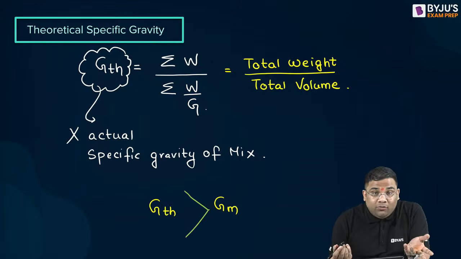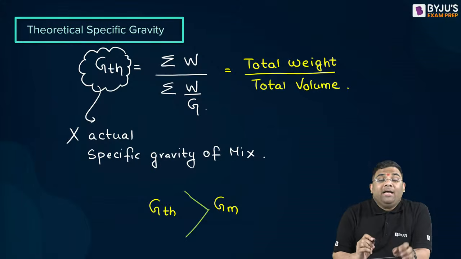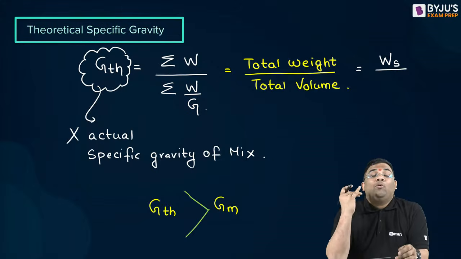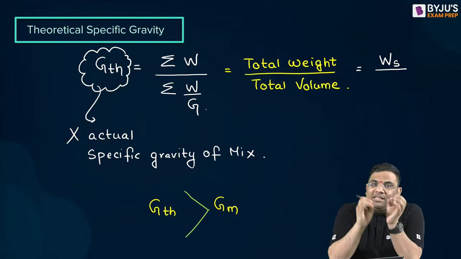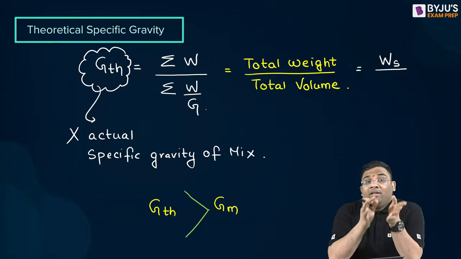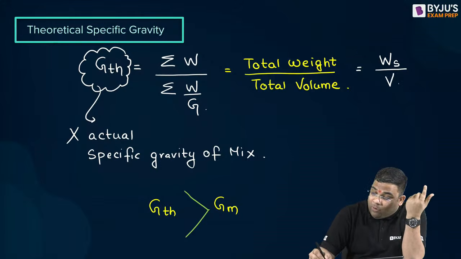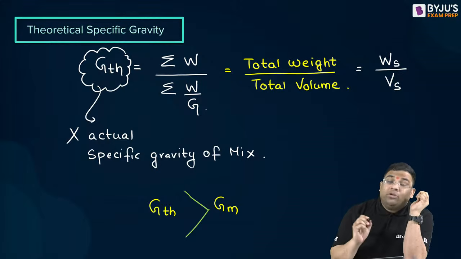Why will it have the larger value? Because when I am taking the theoretical one, I am taking the weight of only the solids, and if you consider bitumen also as solid, you are taking only the weight of solids. And in the denominator also you are taking the volume of solids only. This is your theoretical one.